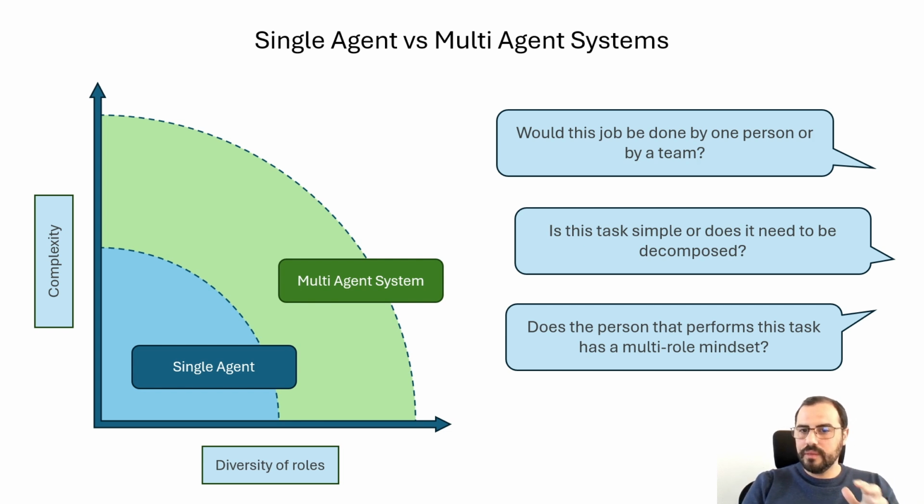And there is also a question here that I do believe is important, because it might make us see agents versus persons a bit differently. You might ask if the person that is performing a certain task has a multi-role mindset or not.